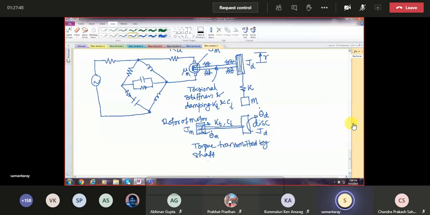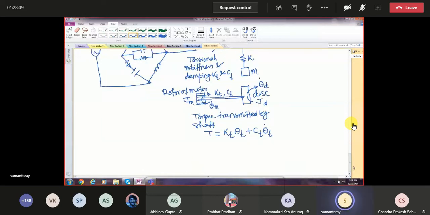Let's call it T equal to Kt times theta T plus Ct times theta T dot, where theta T is theta m minus theta d, that is the twist, the angle of twist.